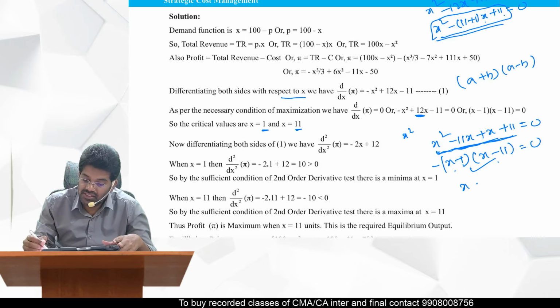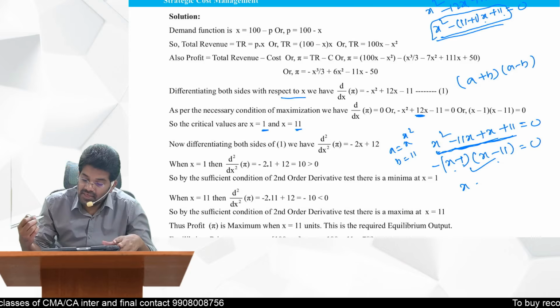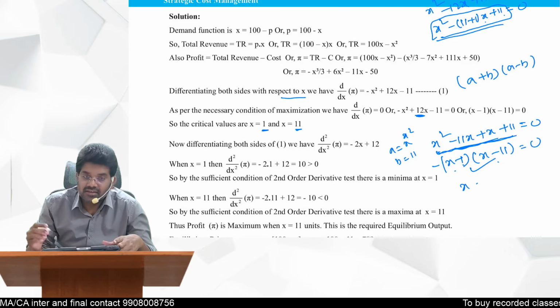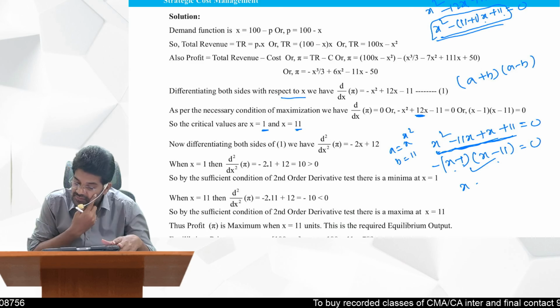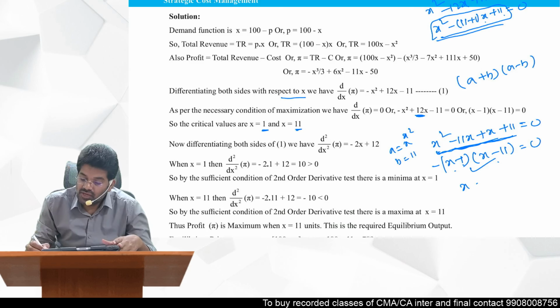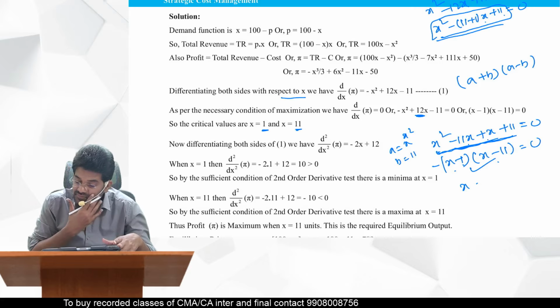So what is a here? a is x here and b is what? 11. Yes. So x minus 1 into x minus 11, if you multiply, ultimately you will get the same answer: x square minus 12x plus 11.